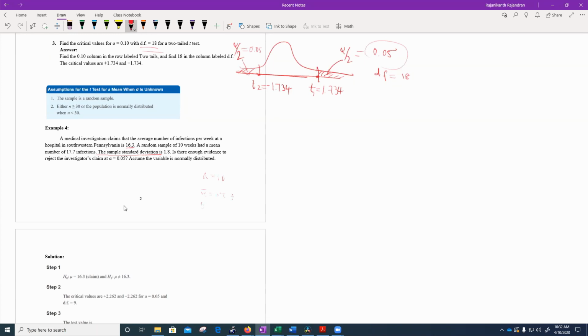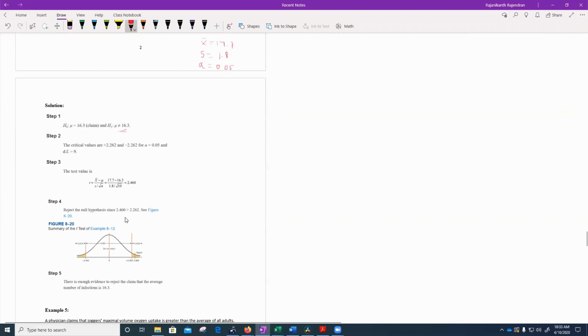And the sample standard deviation is 1.8, little s is 1.8. My alpha is 0.05. Remember, he's suspecting whether mu is 16.3, therefore your alternate is going to be not equal to 16.3. So it is a two-tailed test.